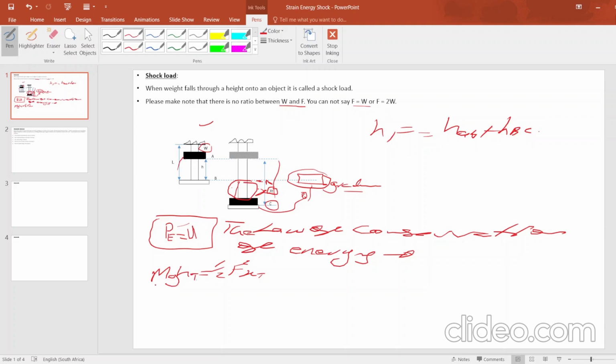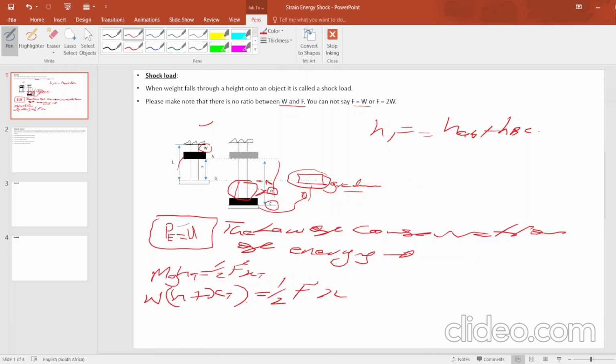If we are having HT, we know as well that mg is W. So we have W, open bracket, HT, which consists of h plus xt, close bracket, equals 1 over 2 F xt. Let's not put the square there.